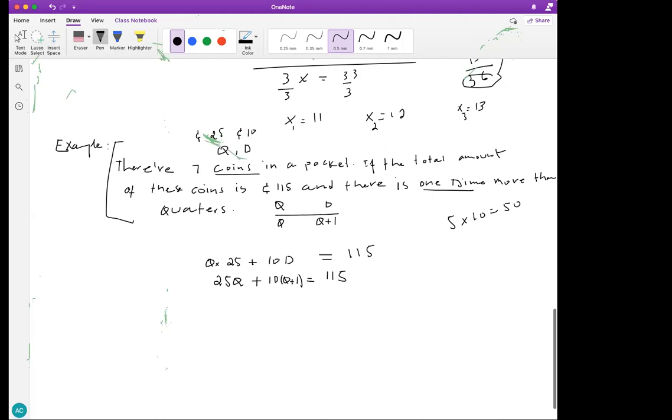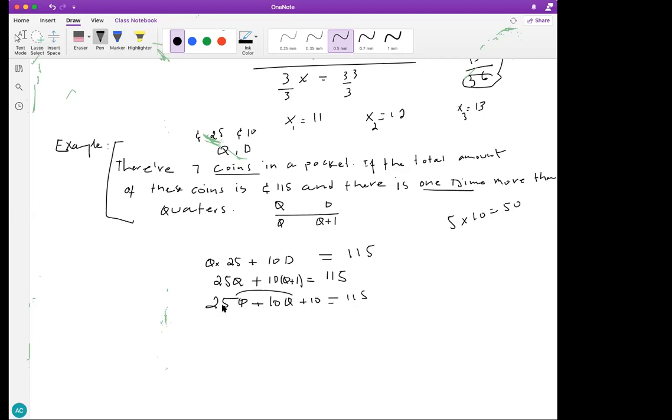Okay, so let's go ahead and solve this for Q. So it's 25Q, then distribute this to be 10Q plus 10, equals 115.